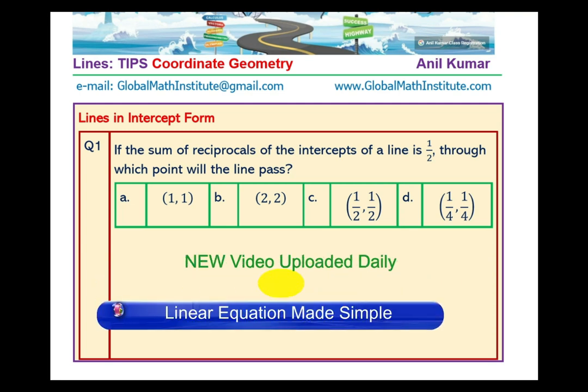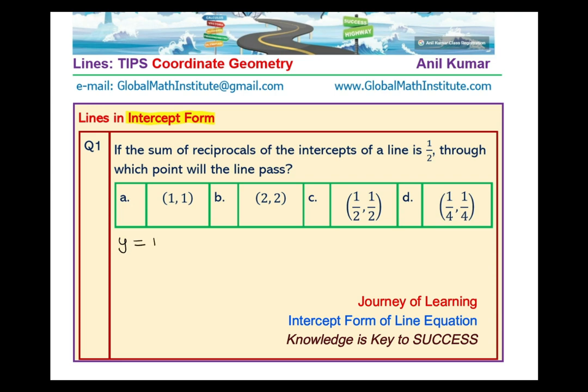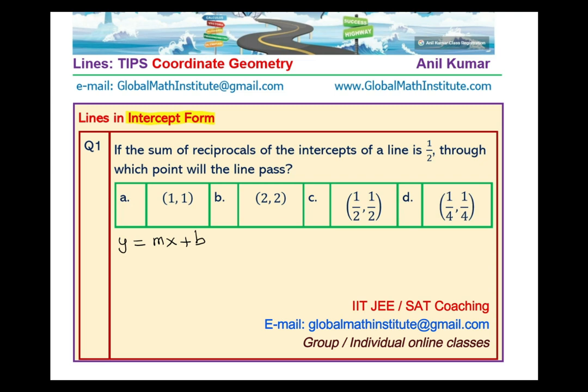Well, before beginning to solve, let us try to understand the intercept form of the line itself. Most students are familiar with the equation y equals mx plus b. In this particular equation, m is the slope, as you know, and b is the y-intercept.